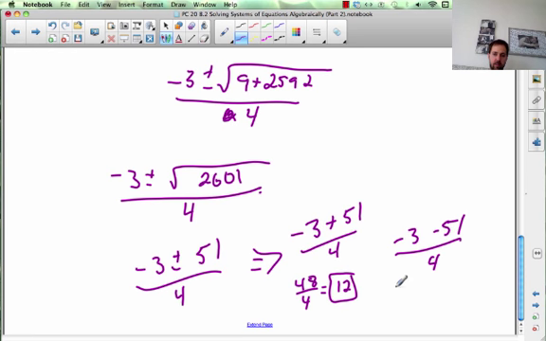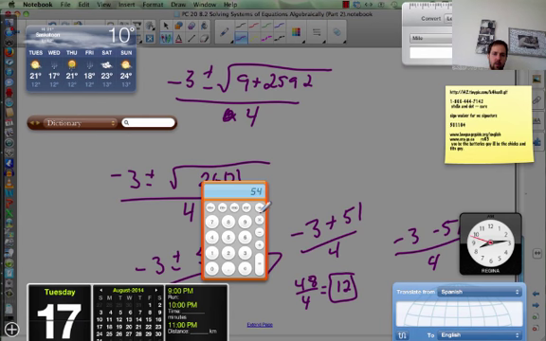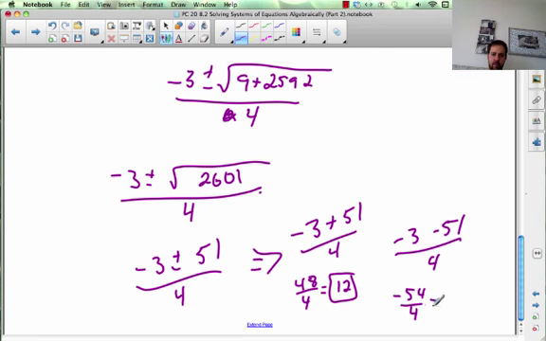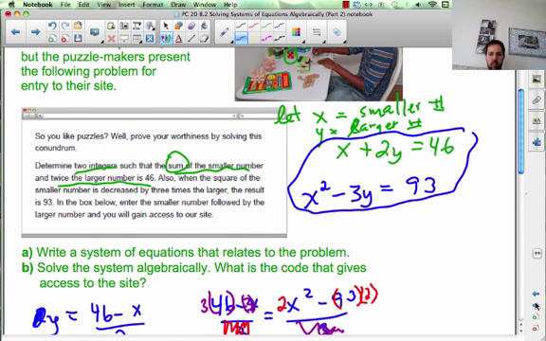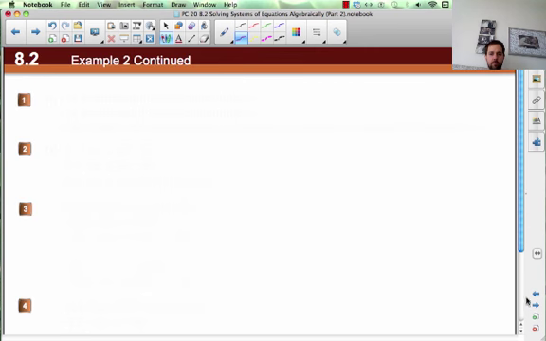Negative 3 minus 51 is negative 54 divided by 4. 54 divided by 4 is 13.5. So negative 13.5 will be your other x value. All right. And then, of course, we'd plug these back into one of the original equations to find the y value that corresponds with them.